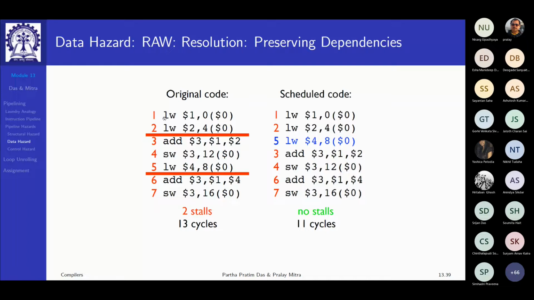You have load of $1, $2, and you are adding them into $3. So naturally you will need a stall here. This red bar means stall. Then you have store. Then you have load. You will again need a stall here.